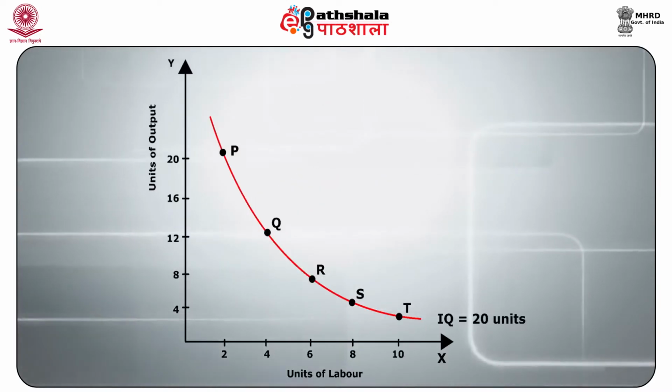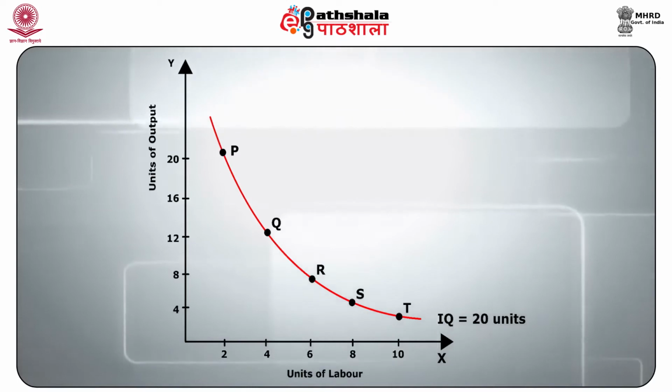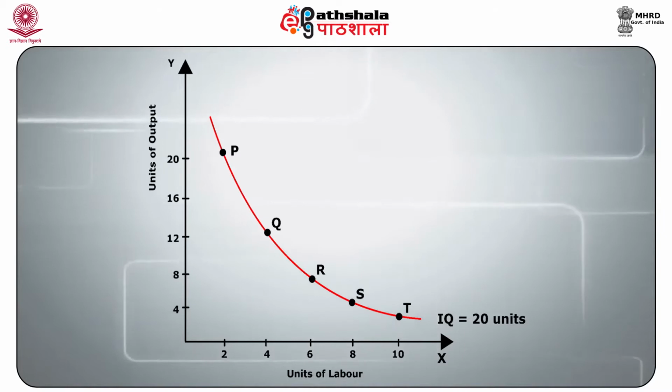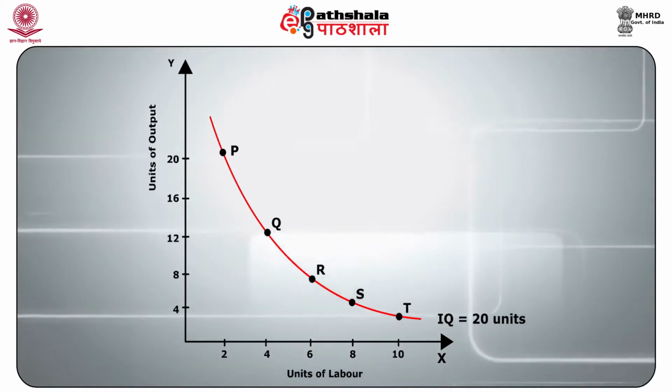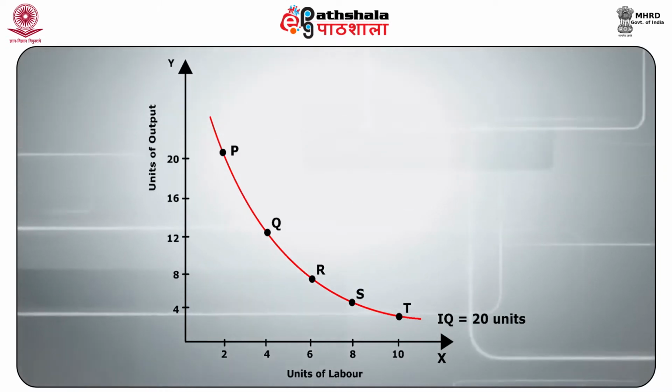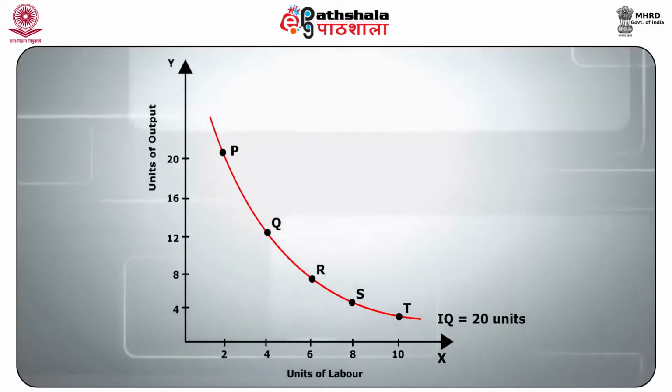The above table shows that 20 units of output can be produced by employing 2 units of labor and 22 units of capital or 4 units of labor and 14 units of capital or any other combination of labor and capital. The figure shows that all different combinations of factors such as P, Q, R, S and T are capable of producing 20 units of output.